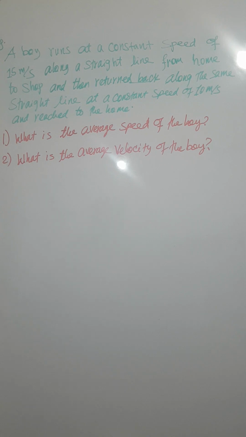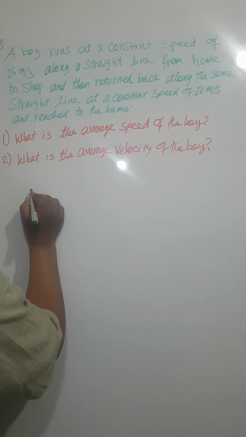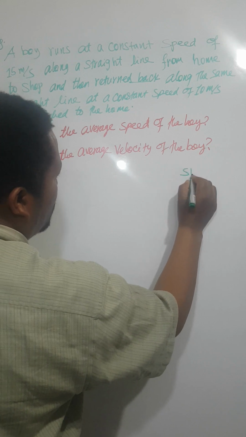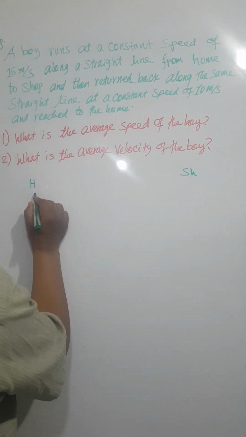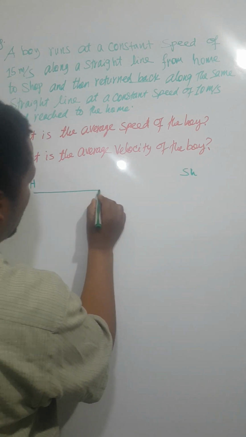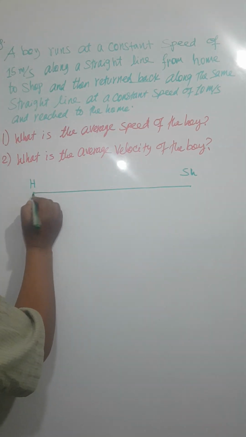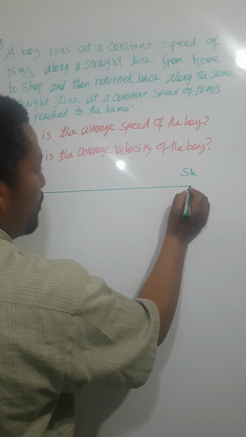Now let's put the question in a drawing. Here we have the home, here we have the shop. The boy travels along a straight line like this, so we consider the home as one point and the shop as another point.